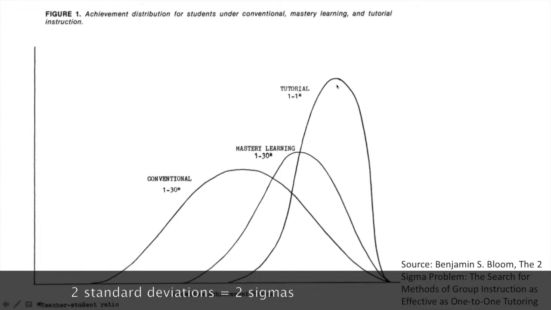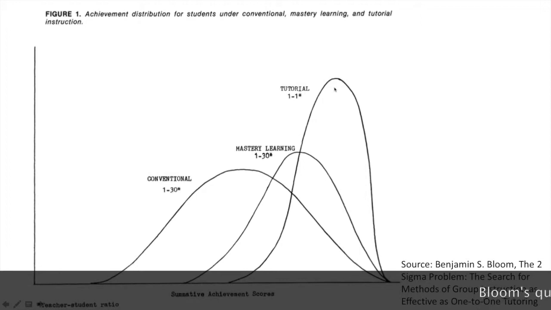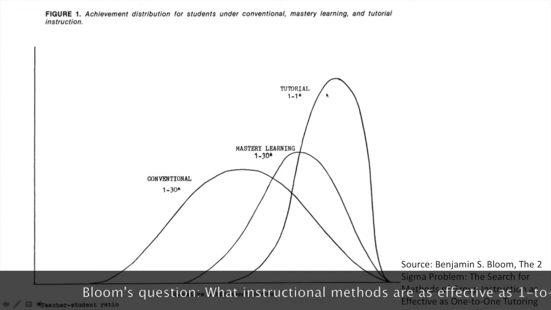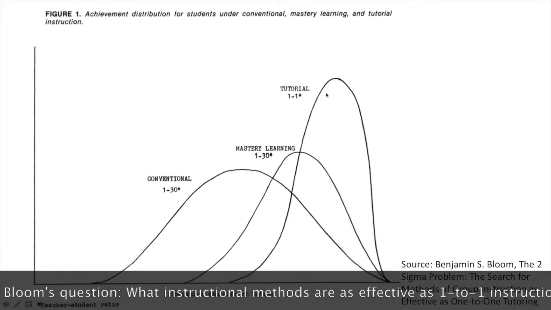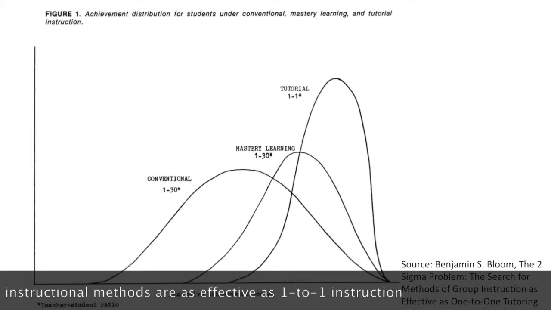What he said was, I want to find out how we can improve student performance without funding 1 teacher for every student, which would be impossible to support. So how can we do this? How can we change our teaching to facilitate other strategies or even an increase in one-on-one instruction? And that's his 2 sigma problem, and he set out for many years to research how something like this could be done.